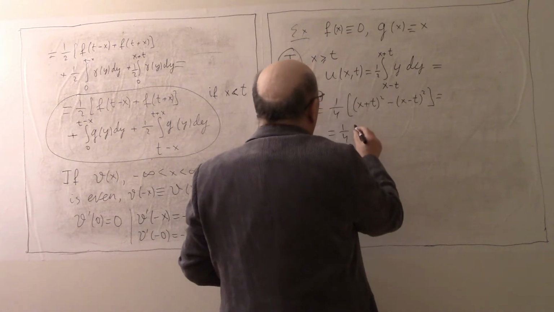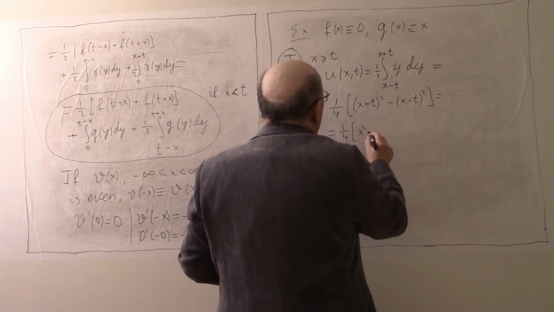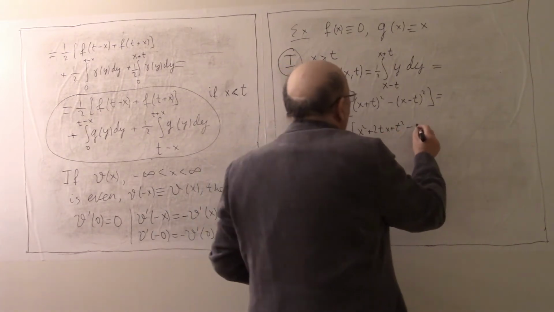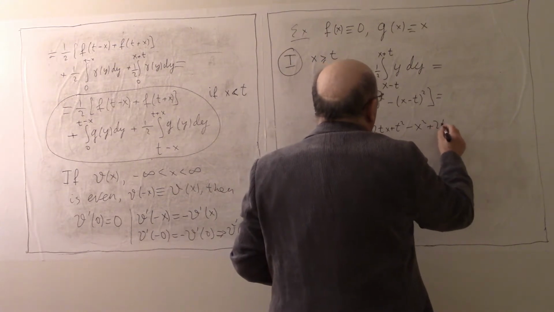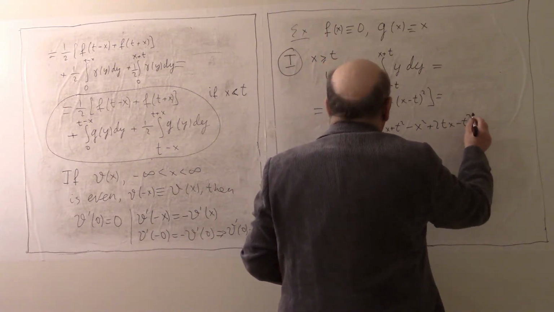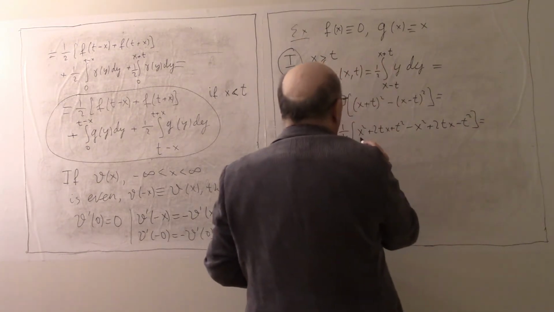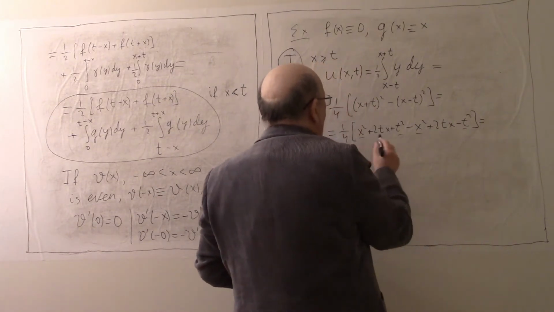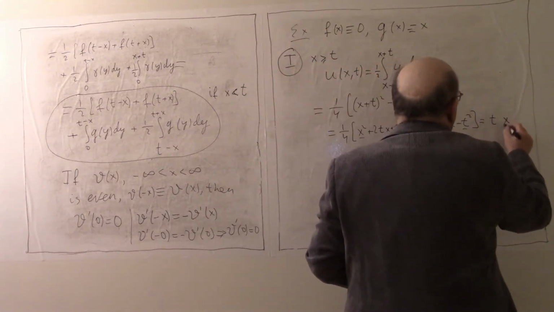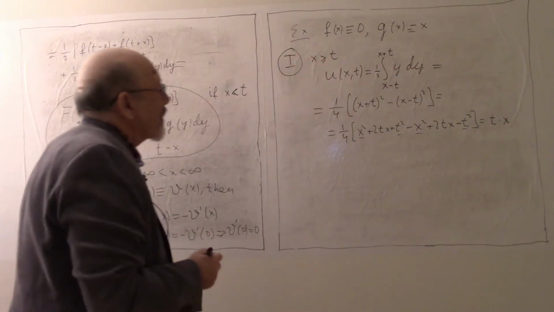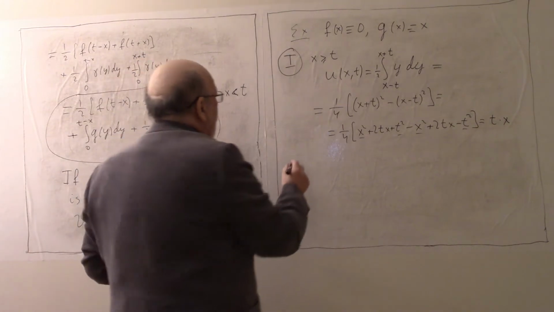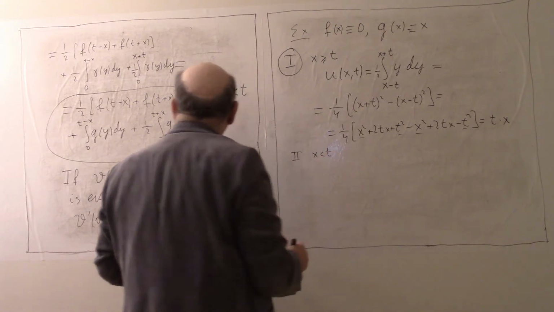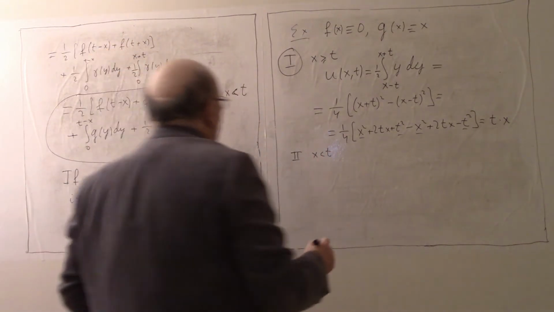It is 1/4 times x squared plus 2tx plus t squared minus x squared plus 2tx minus t squared. All terms cancel, it is equal to t times x. So that is the first domain.